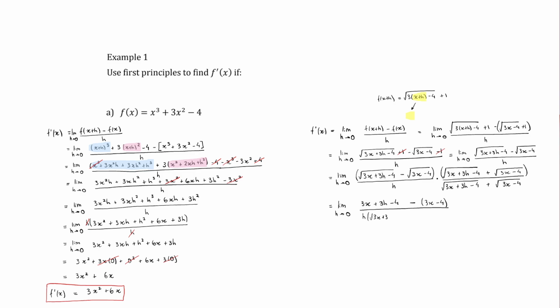So now I can simplify. Here, instead of having minus 3x minus 4, I can simplify this to 3x plus 3h minus 4 minus 3x plus 4 all over the same denominator.